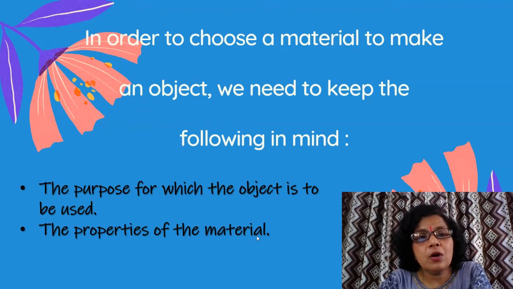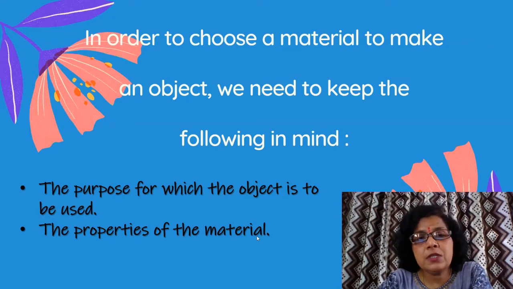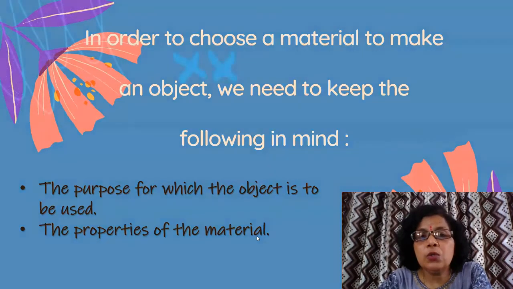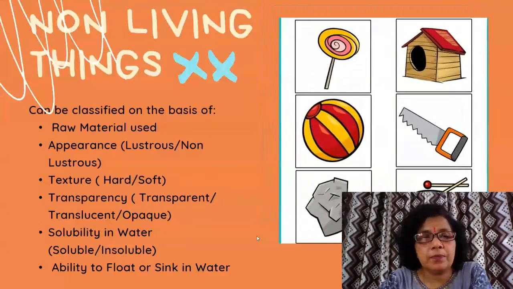So if we are not being very careful in choosing a material to make an object, our motto cannot be fulfilled. These points could be the purpose for which the object is to be used, the properties of material. Yes, because those properties are only useful to fulfill what actually we want that material for.